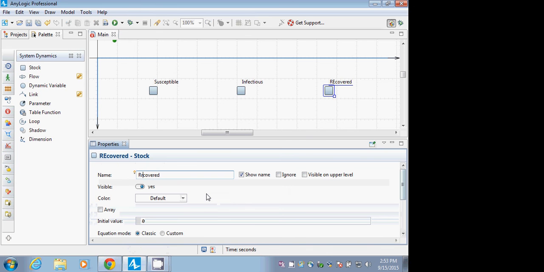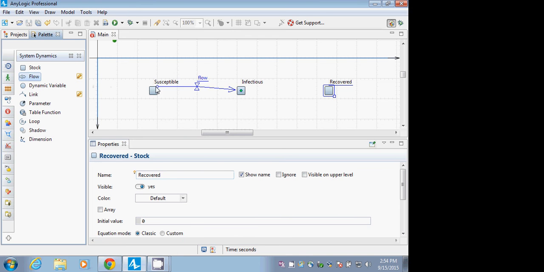Okay, so ladies and gentlemen, recovered. There we go. Okay, now I'd like you to drag in flows. Now, in AnyLogic, this requires a little bit more care. As it turns out, I've left just a little bit of space here, as no doubt many of you will.